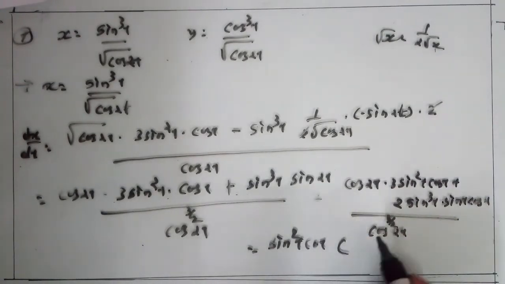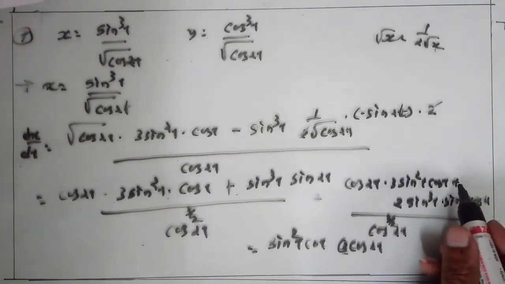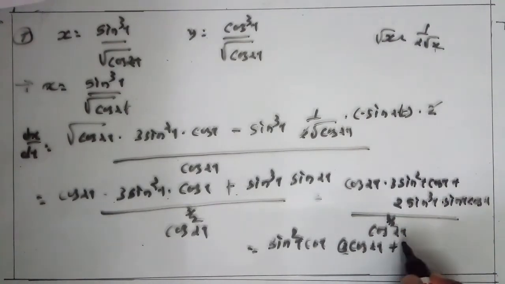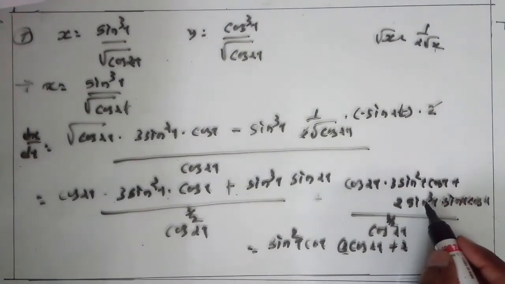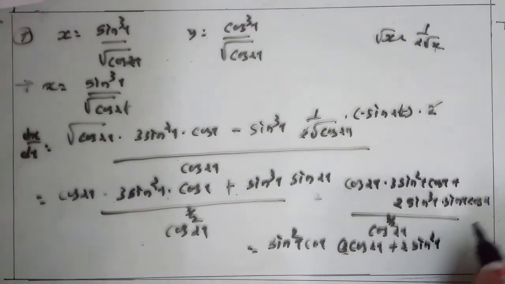So the remaining term in the bracket, here we get cos 2t, and the remaining term 3 sin square t take common, cos also take common, plus 2, here sin square take common. So sin t into sin t becomes sin square t, clear, cos take common.